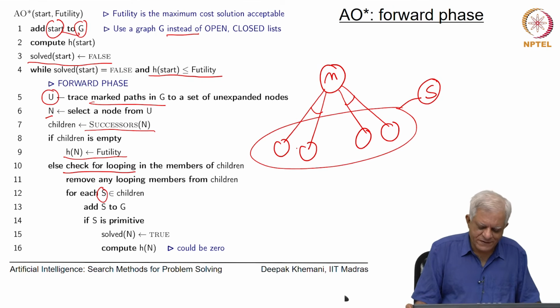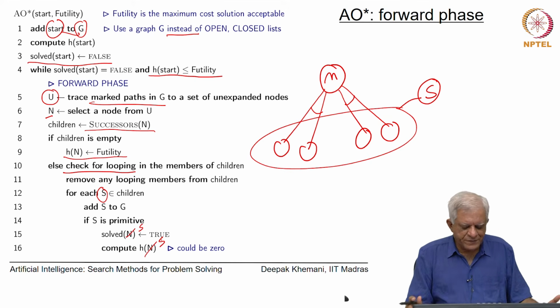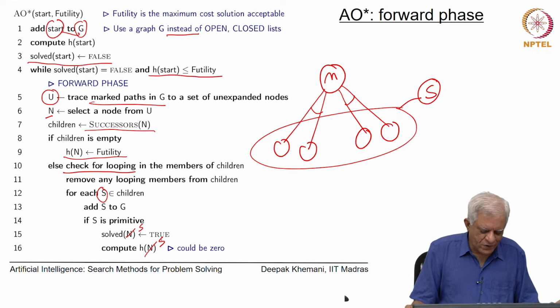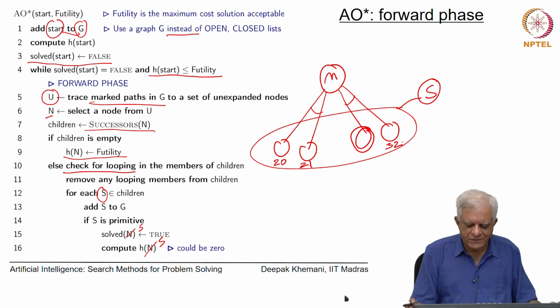If that node is a solved node, then we say that solved of that node is true. If that node S is a solved node, we label it as solved, otherwise we compute its H value. So, for example, the H value of this might be 20 and this may be 21, and maybe this is solved and maybe this is 32, whatever, and it may have a certain cost associated with that as well. So, for example, this may be 20.